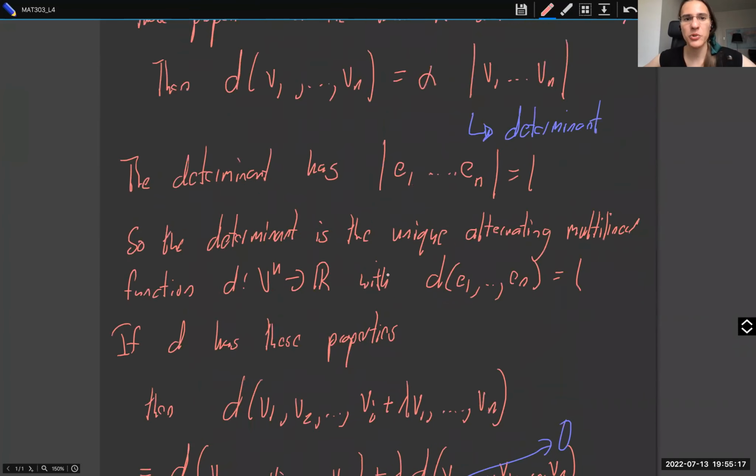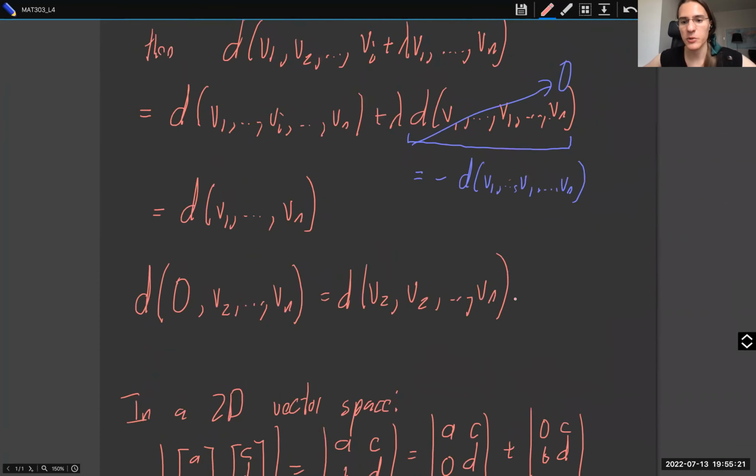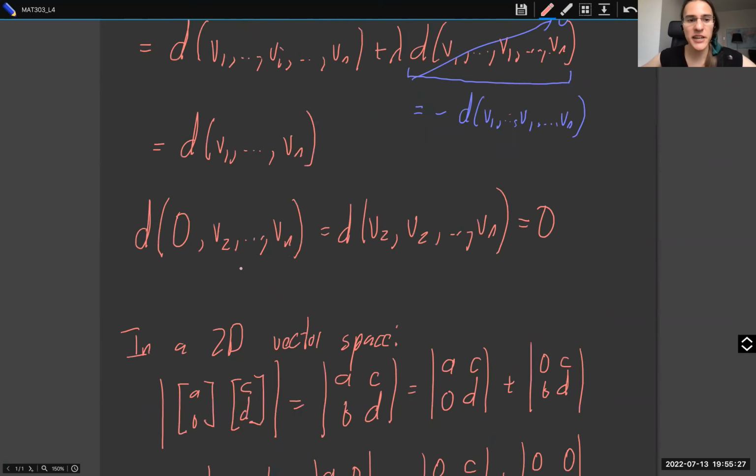If there's a repeated thing, we saw that it's 0. So if any of the entries are 0, then the determinant has to equal 0. There's another way of proving it: 0 is 0 plus 0, right?